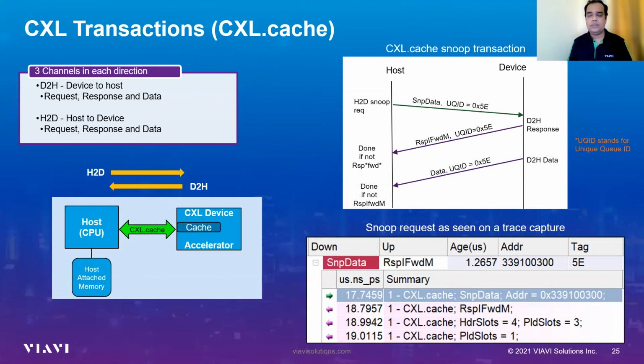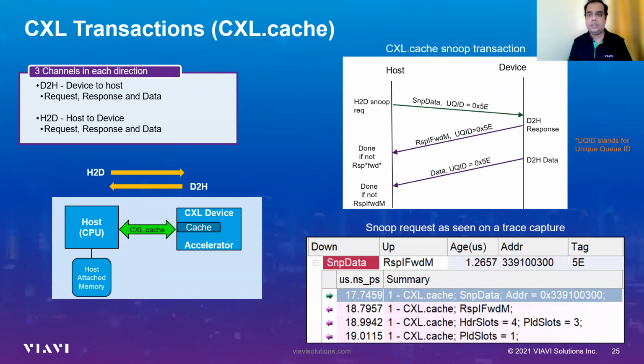So let's look at the D2H request first. The D2H requests are requests from the device to the host, typically targeting the host memory. They request cacheable access through reads or writes on the link to the host memory. The H2D response will carry the requested data back along with some ordering messages.